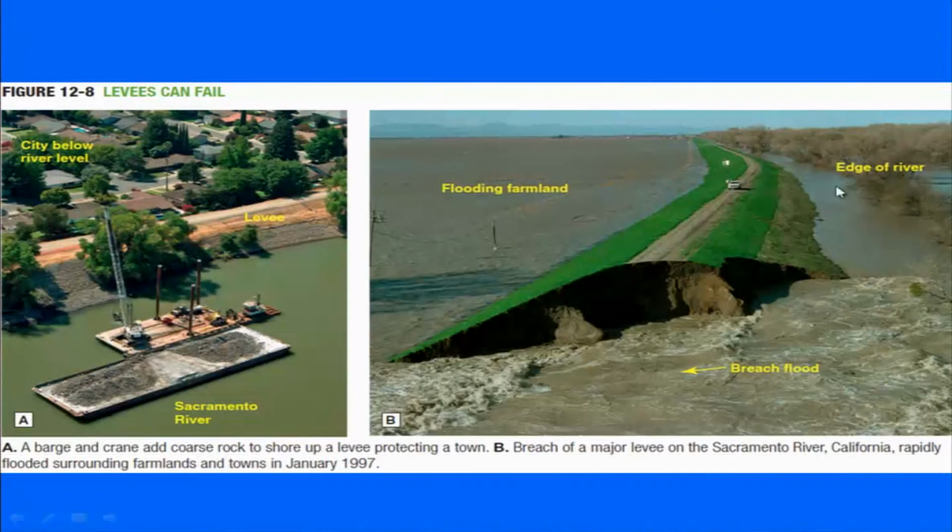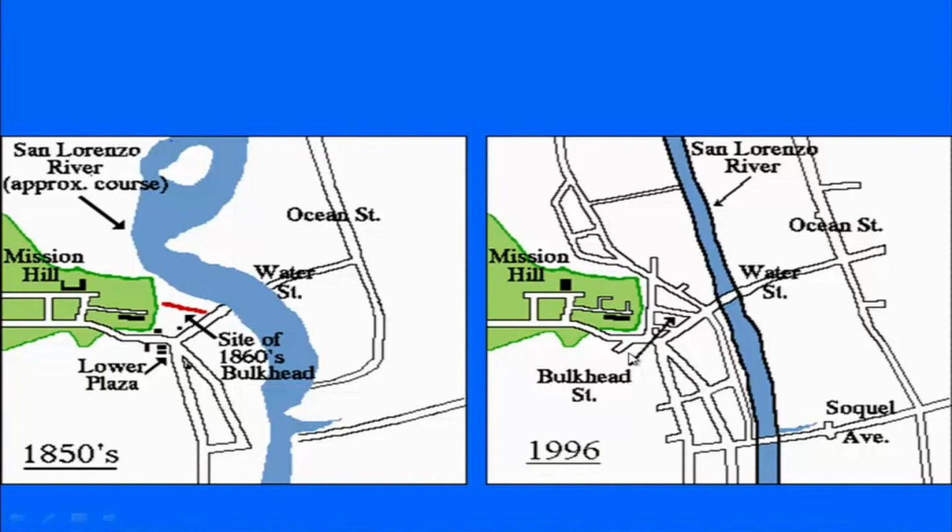So, the edge of the river and then flooding landforms are shown because of the breach of the levees. Again, there is an example showing how the channel looked before it was channelized by construction, and after that, this is the same river, San Lorenzo, from the US.